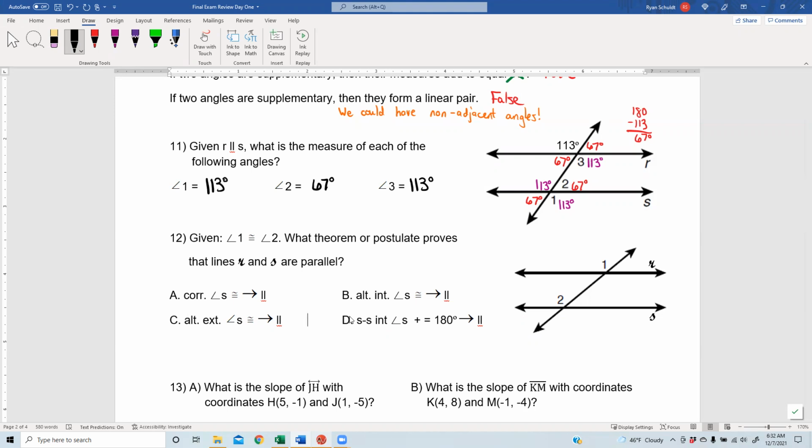Number 12, given angle 1 is congruent to angle 2, what theorem or postulate proves that lines R and S are parallel?